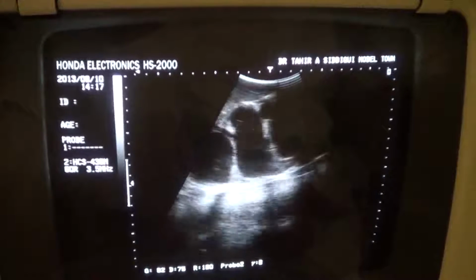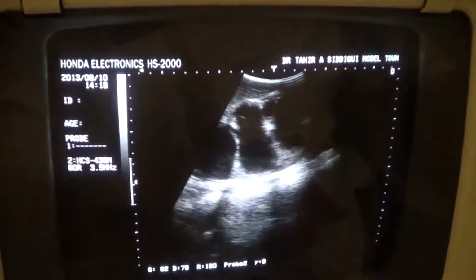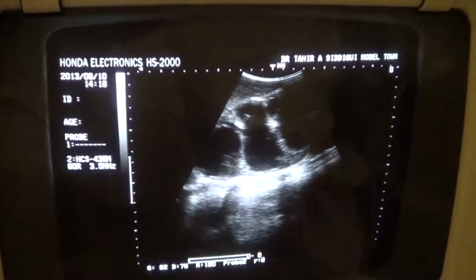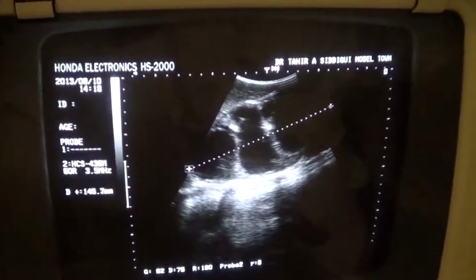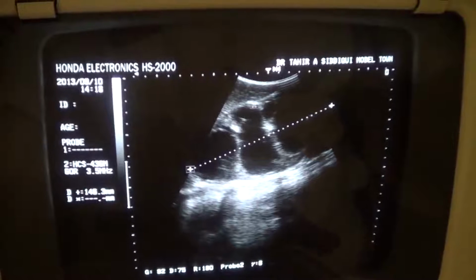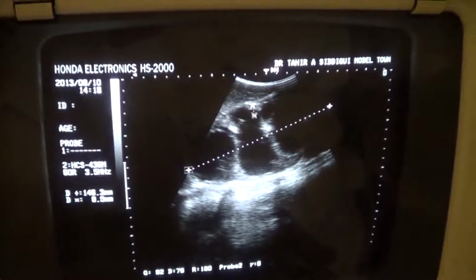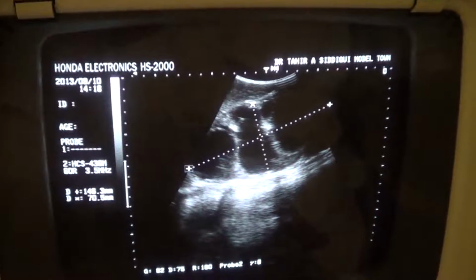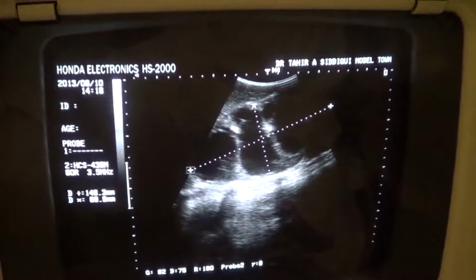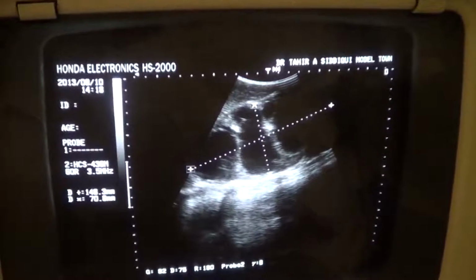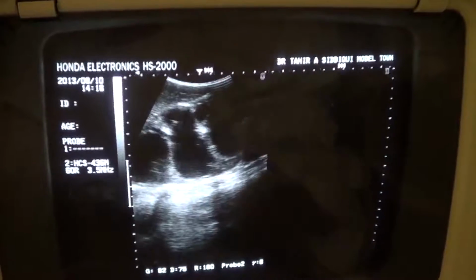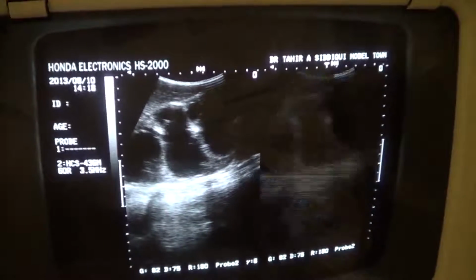Now this is the situation on the right side, and the kidney measures 14.6 centimeters in length, which is enlarged, and 7 centimeters in anterior posterior diameter. More than 5 is considered an enlarged size.